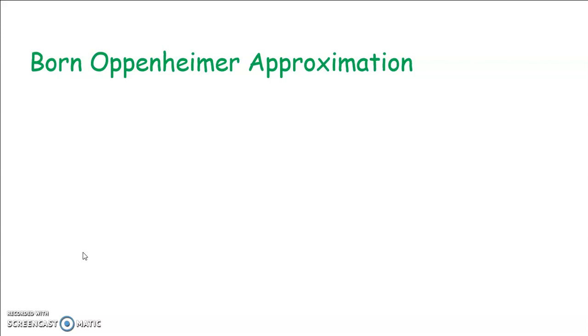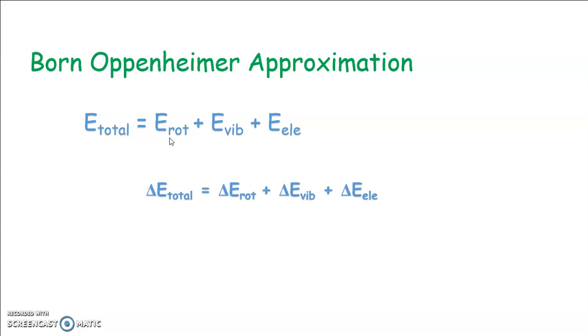By the Born-Oppenheimer approximation, the total energy of a molecule in the ground state is given by rotational energy plus vibrational energy plus the electronic energy. The total energy change for an electronic transition can also be expressed as delta E total, as delta E electronic plus change in the vibrational energy transition plus change in the rotational energy transition.